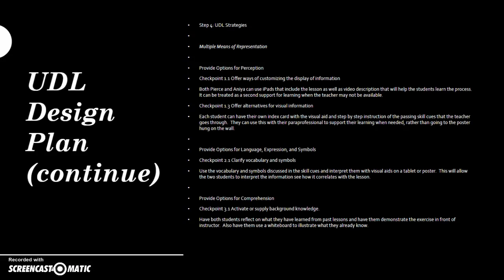I also provided engagement as well as action and expression, which I included in my paper. Here I put in visual aids as well as activating background knowledge and making sure the students feel comfortable with what they're doing so that we can have a successful lesson, which I believe is key, especially with these two students.